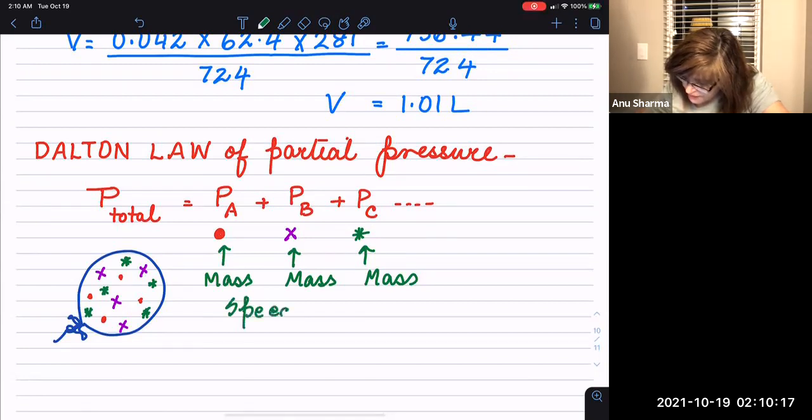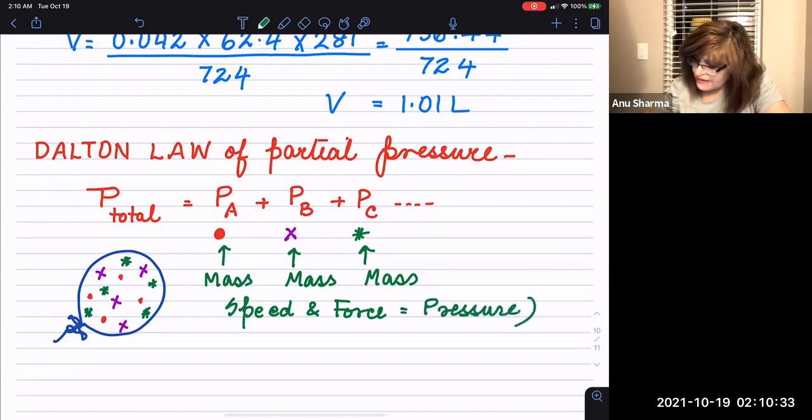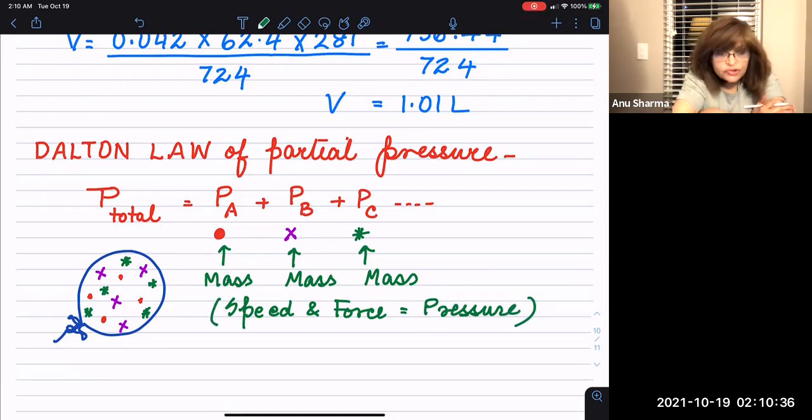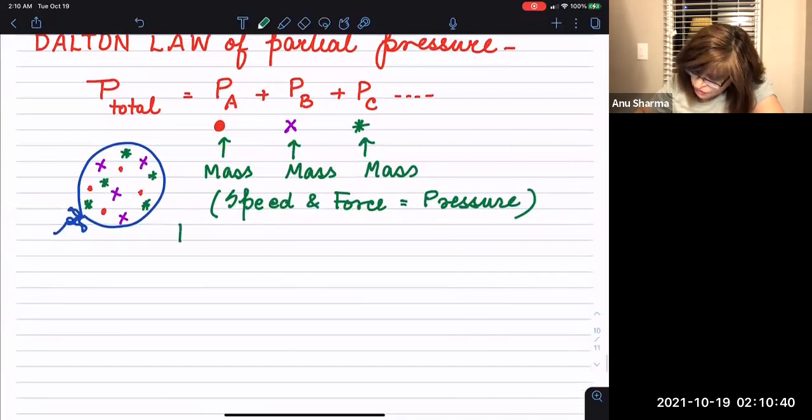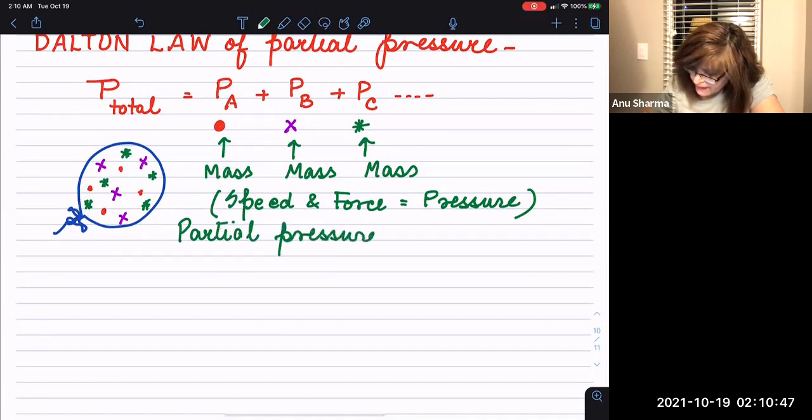The speed and the force, which is basically the pressure, is what each of these gases is exerting. So the total pressure is the sum of the partial pressures of each of these gases. Partial pressures are obviously going to be a smaller number.